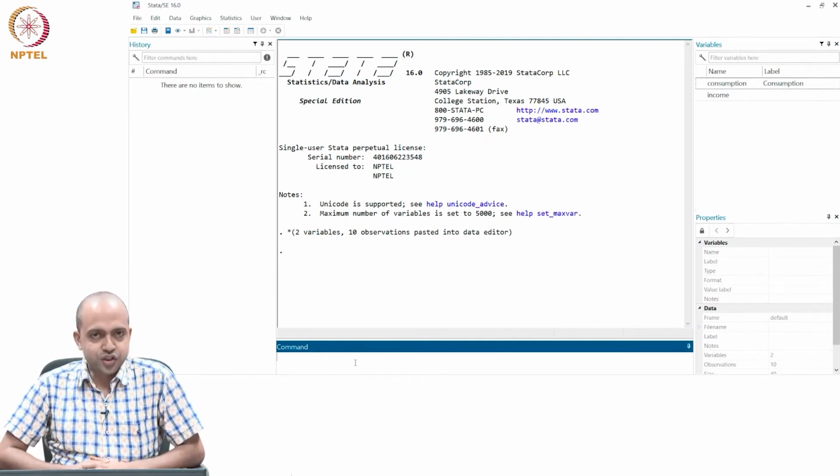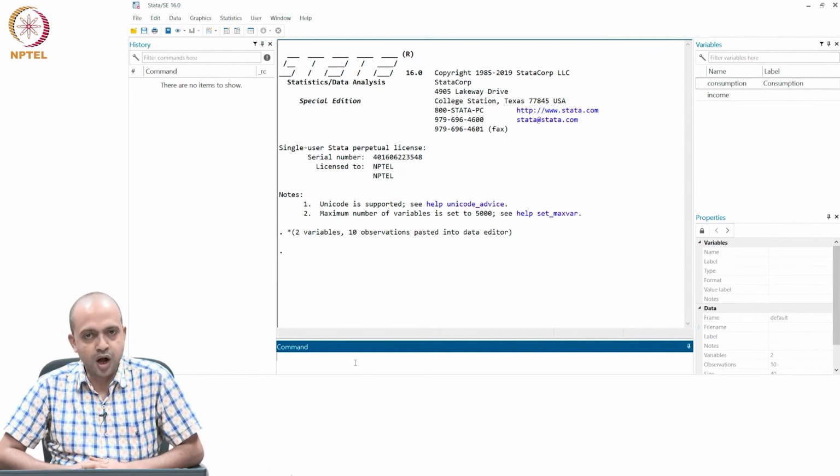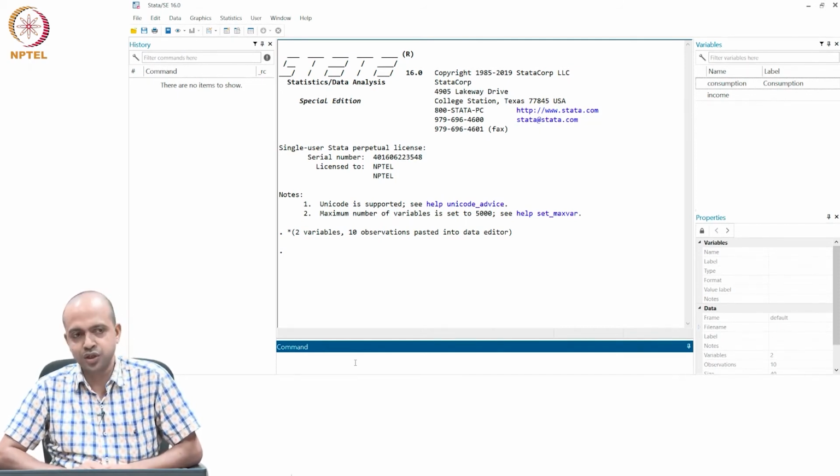Of course, the estimation is possible in other software also, like R or MATLAB or SPSS, but I am going to demonstrate throughout this course of basic econometrics using this particular software. So, it would be really helpful if you can manage this software. Otherwise, you have to estimate using other software, for which I am not going to give you the demonstration.